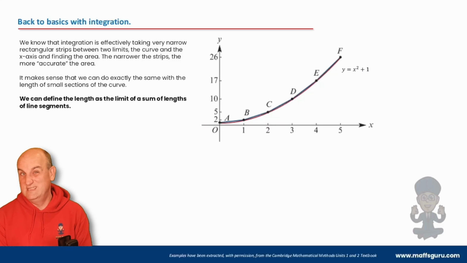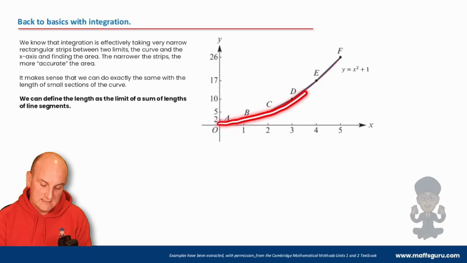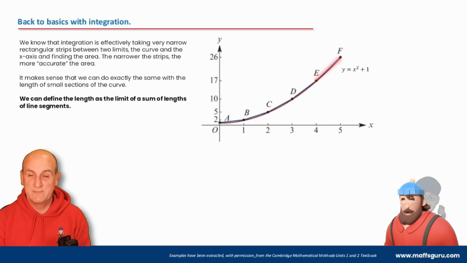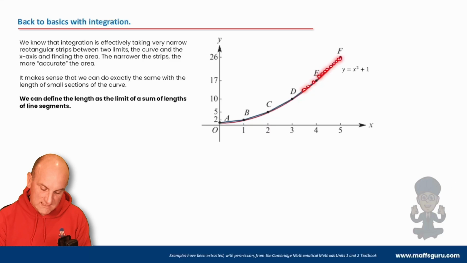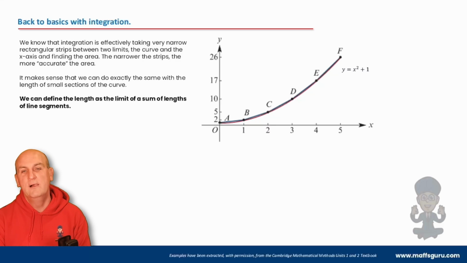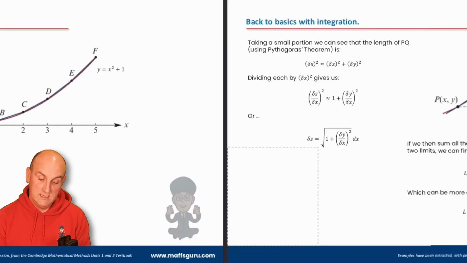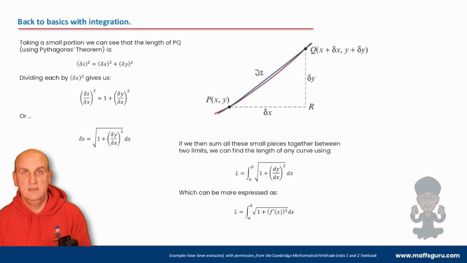Well, the theory for this is very similar, because if I take this curve of x squared plus 1, and split it into a set of equally spaced line segments, and make each section smaller and smaller, and sum all those together, then ultimately we would be able to find the length of that curve.